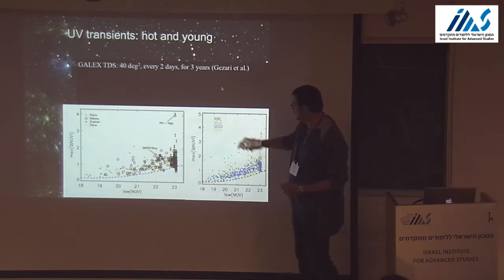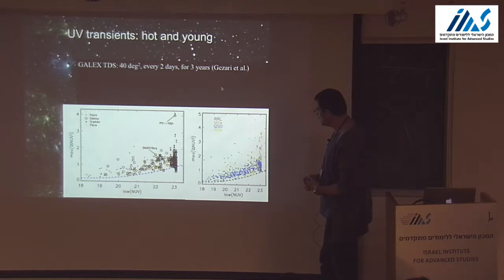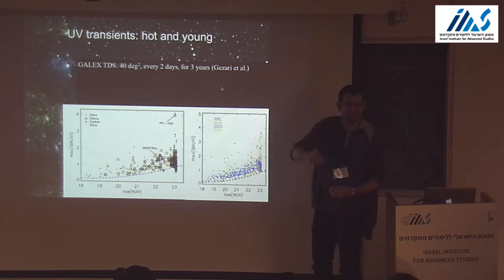These are RR Lyra stars, so variable stars in our galaxy. This is flares from M dwarfs, this orange one, and you see that many of them are very, very dramatic. So you have 5 magnitudes, so a factor of 100 flare from some source, some tiny star in our galaxy.